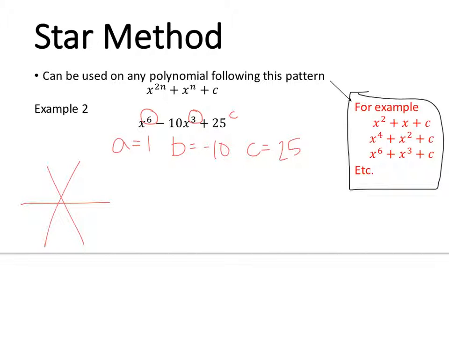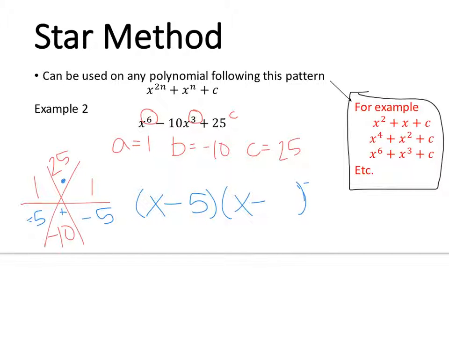So a times c is at the top, and b is at the bottom. My two numbers that will multiply to positive 25, but add to negative 10 would be negative 5 and negative 5. So my answer here is x minus 5 and x minus 5.